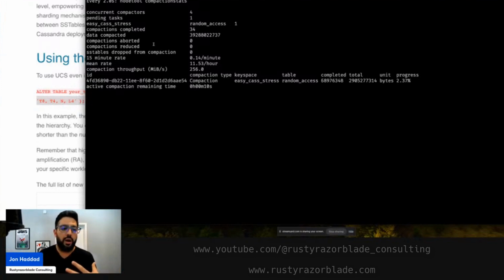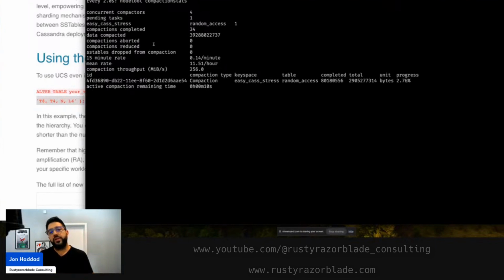So based on what I've seen so far and what I've read, my understanding is this: if you have a write-heavy workload, and the reason why I picked random access is because it's not a time series workload, it's actually just accessing random rows within the partition.